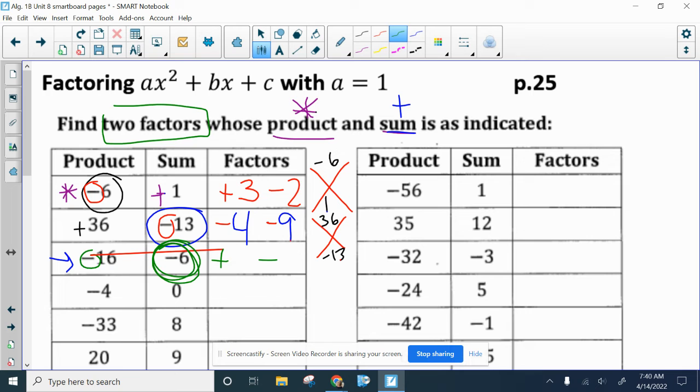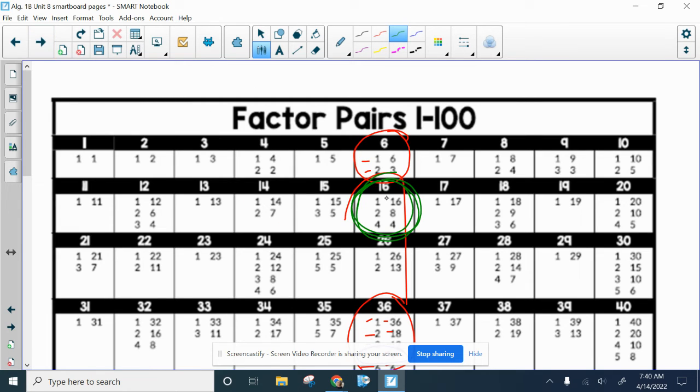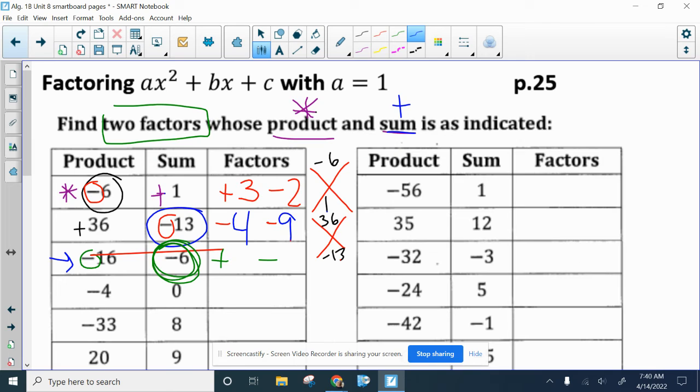If my sum is negative, that means my bigger number has to be the negative one. Which of these three pairs adds up to negative 6? That's my middle pair, 2 and negative 8. So positive 2 and negative 8.